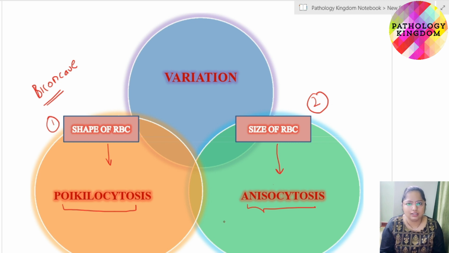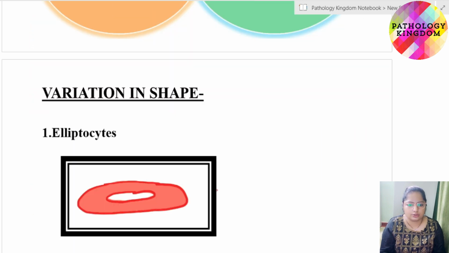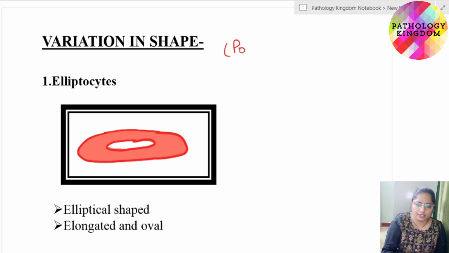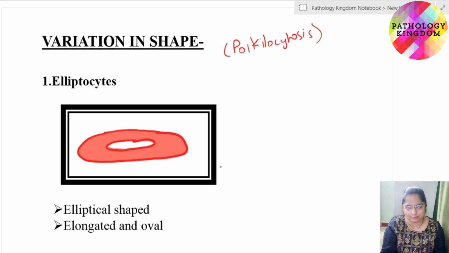So these are the two terms, poikilocytosis and anisocytosis. Poikilocytosis is used when there is variation in shape and aniso when there is variation in size. So now coming on to the variation in shape, that is poikilocytosis. These are a few examples.